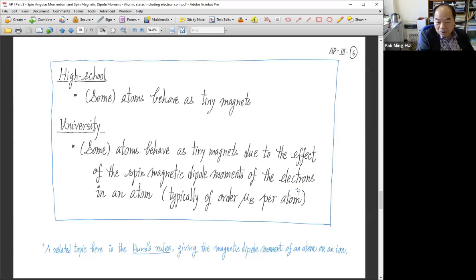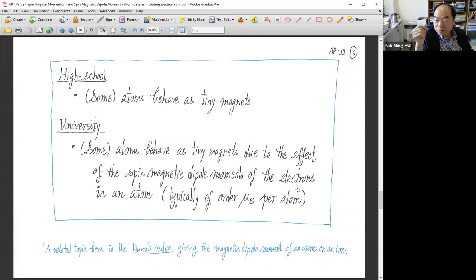In high school, or even primary students have told me this, atoms behave like tiny magnets. Well, again, it is a statement so broad and so vague that you cannot rank it as right or wrong, okay? But at university level, a better understanding is that, yes, some atoms, of the periodic table only a few of them are magnetic.